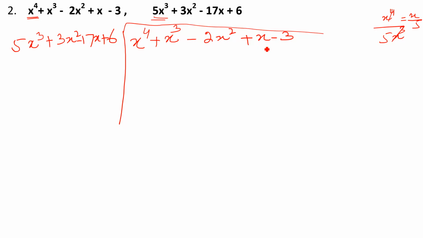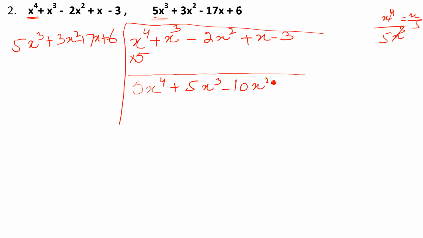It will be tedious to solve it. So the easiest way is, I told you the first term should be exactly the same when we multiply. So if I multiply this expression with 5, we will get 5x raised to power 4 plus 5x cube minus 10x square plus 5x minus 15.